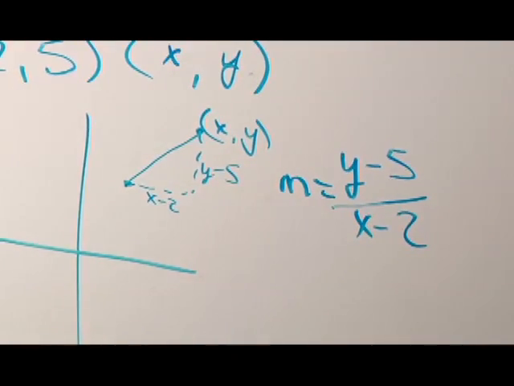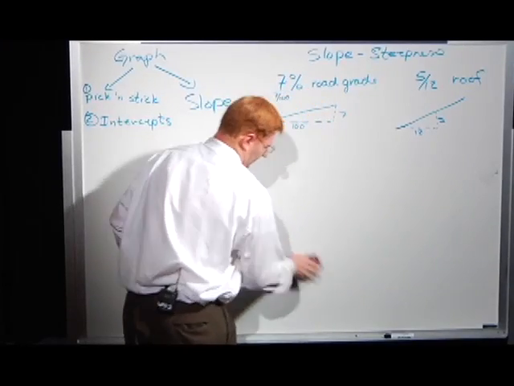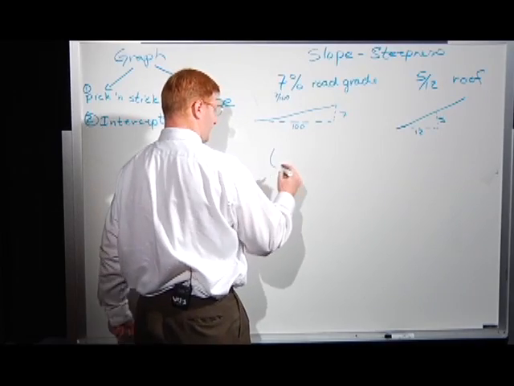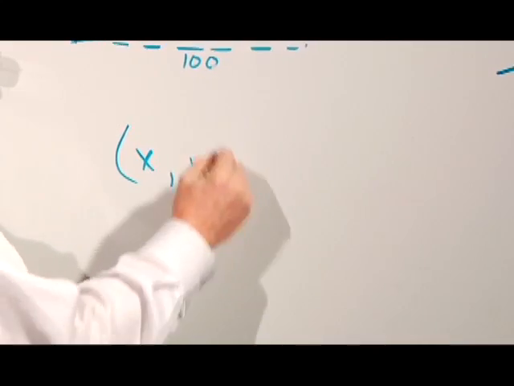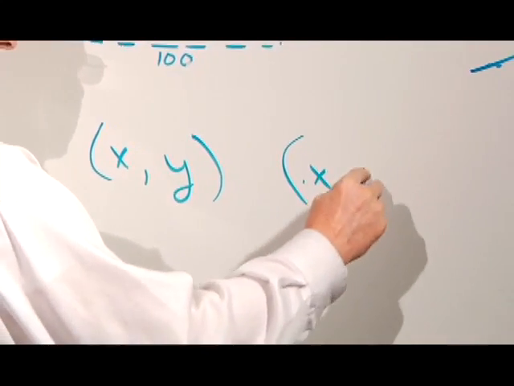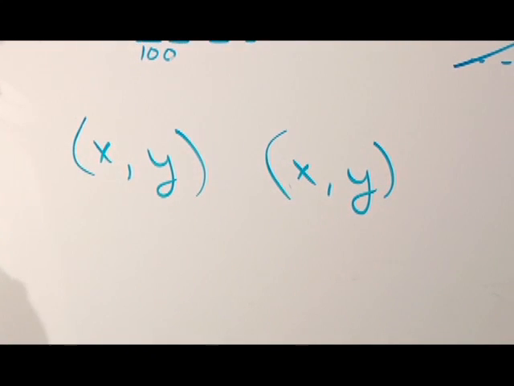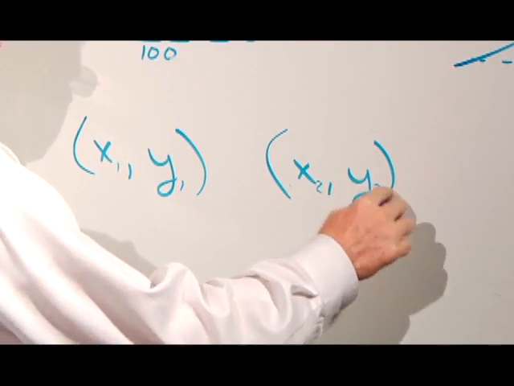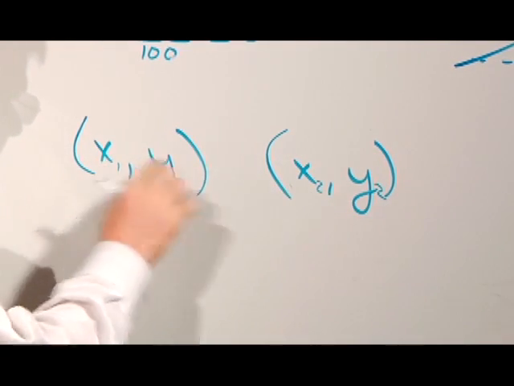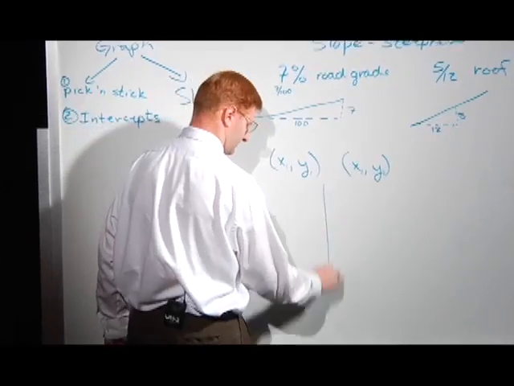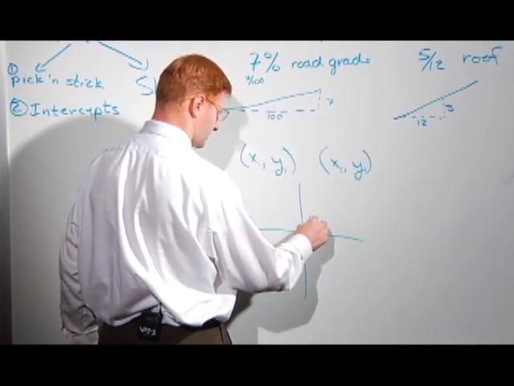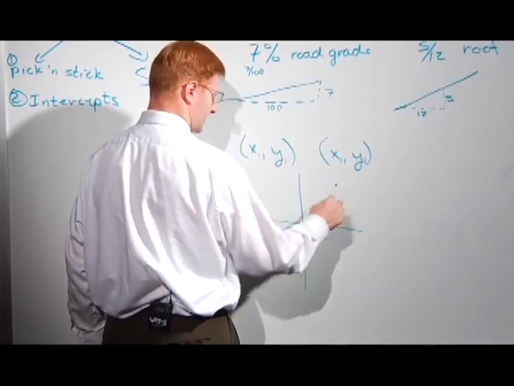And then obviously the next step is, okay, find this slope. We have this random point (x, y), and we have another random point (x, y), but they're different. So call this guy the first point, and this guy the second point. So those are different numbers, the x1 and the x2. So here's x1, y1. There's x2, y2.